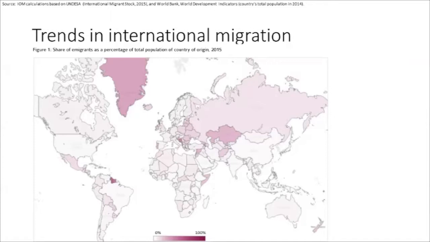Whereas the neighboring countries of Thailand have higher shares of emigrants, because a relatively high share of people living in Myanmar, in Laos and Cambodia are coming to Thailand to live and work in Thailand, because there is a shortage of labor in Thailand, especially in the service sector and the construction sector, for example.